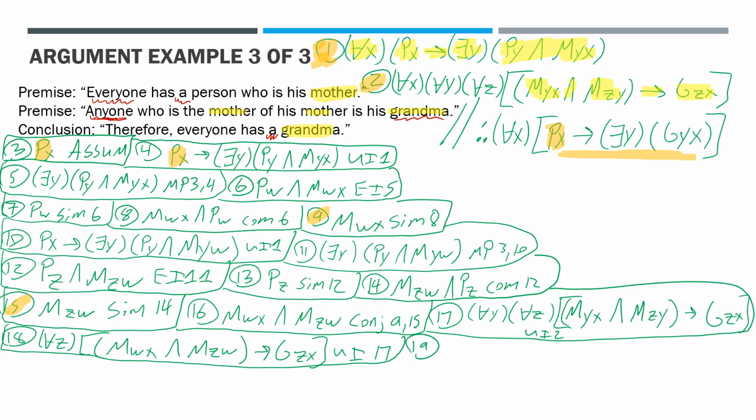For 19, once again, another universal instantiation. So we'll have MWX and MZW, arrow, GZX, universal instantiation 18.